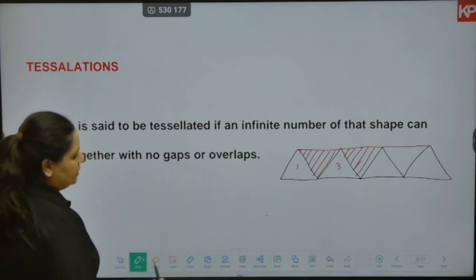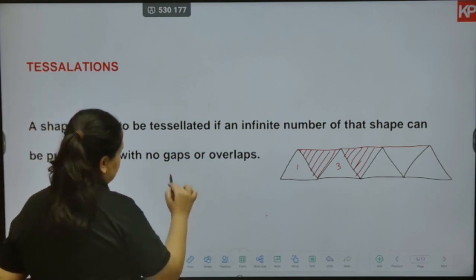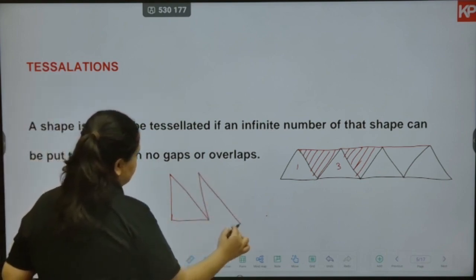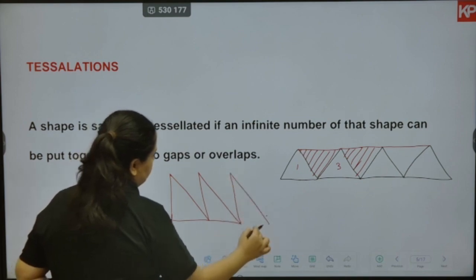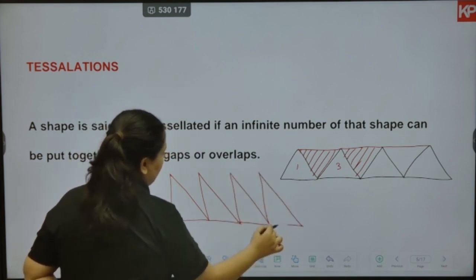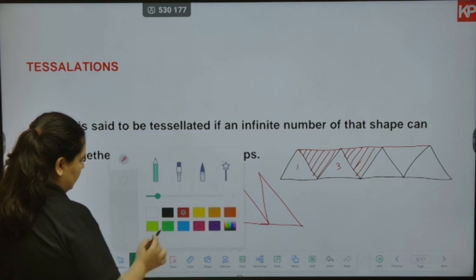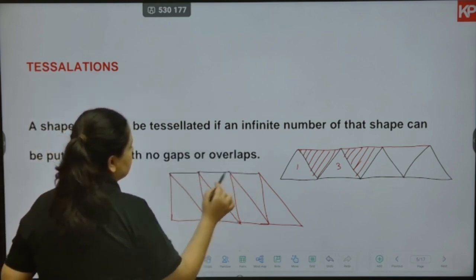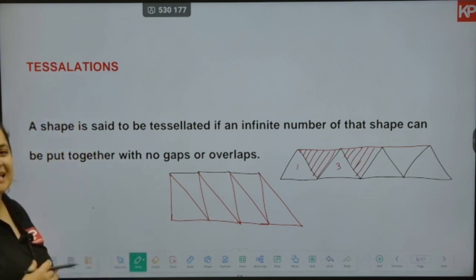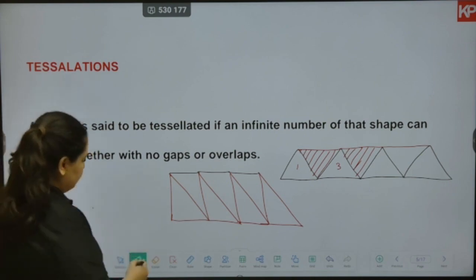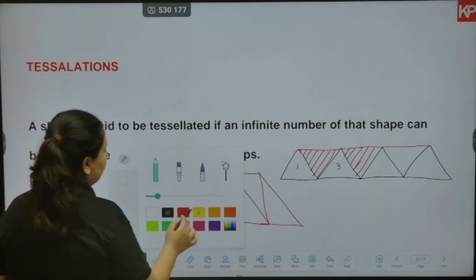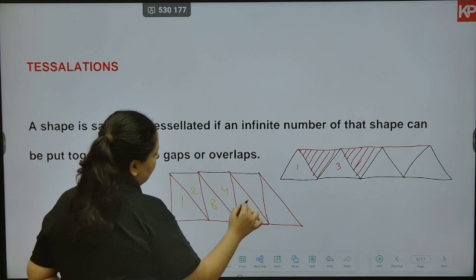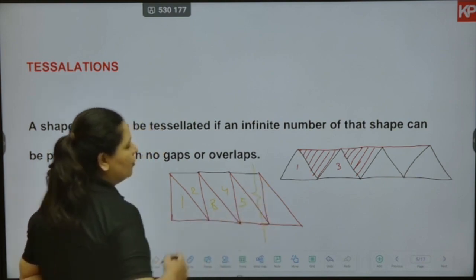Now let us check with another example. Let's take a different triangle and check whether it tessellates or not. If I keep on drawing these triangles and then add inverted triangles to this, again we will see that it is coming up with a very seamless pattern. So this is triangle 1, 2, 3, 4, 5 and so on. This can continue for infinity.